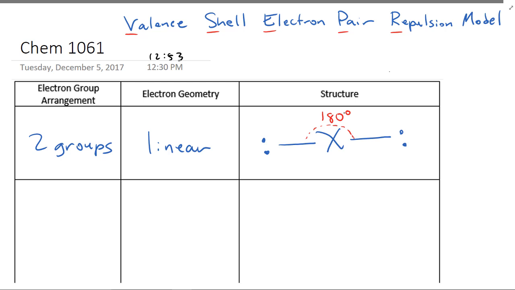Because we want to model behavior, I'm going to use some balloons to represent pairs of electrons. I'll blow up a couple balloons here, and we're going to start with just two.